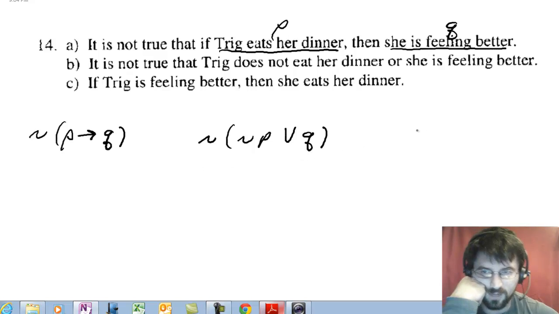And the last one is, if Trig is feeling better, that's Q, then she eats her dinner.